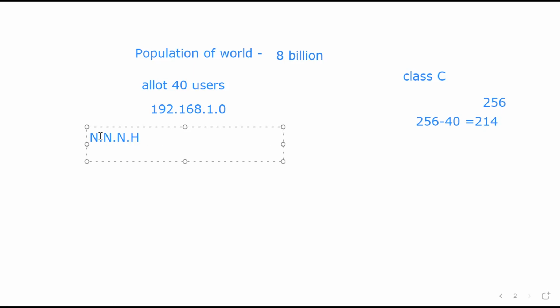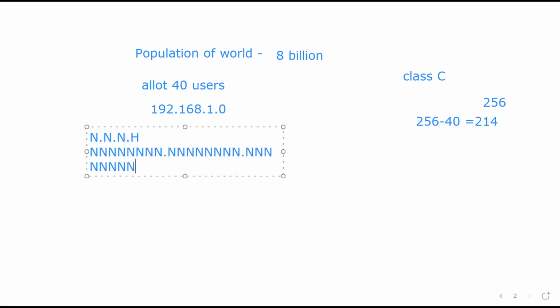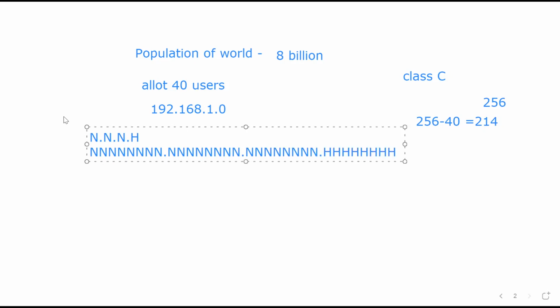You also know that this is aligned in 8 bits, right? So our network bits are this.